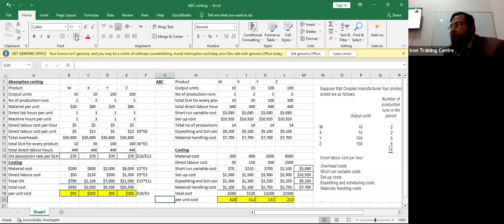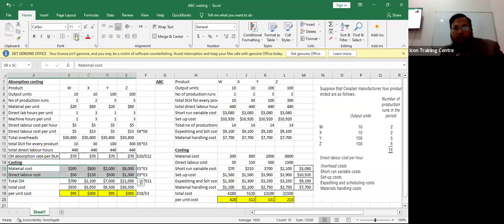Now, what is the difference between absorption costing and ABC costing? The basic difference is that in absorption costing, we just take this overhead absorption rate and we apply it to every unit. You can see the only difference we observe: if you see this material and labor cost here and here, you will find no difference.